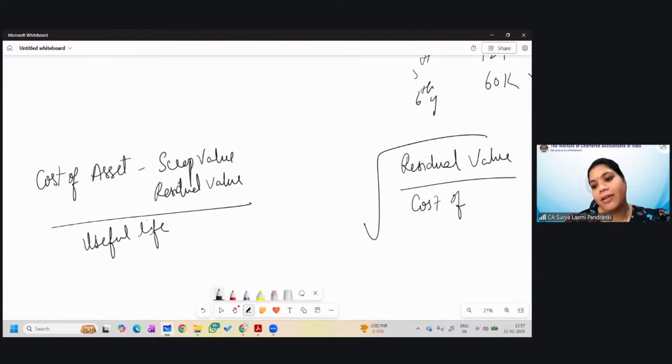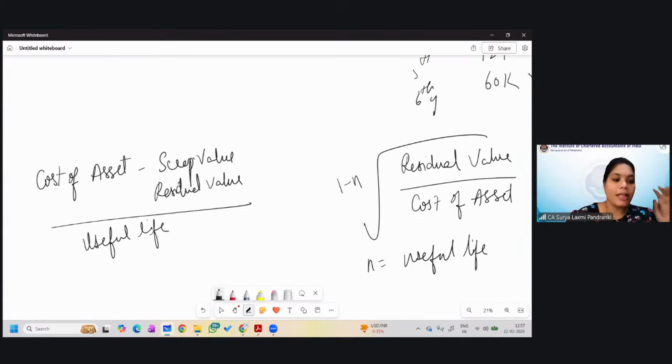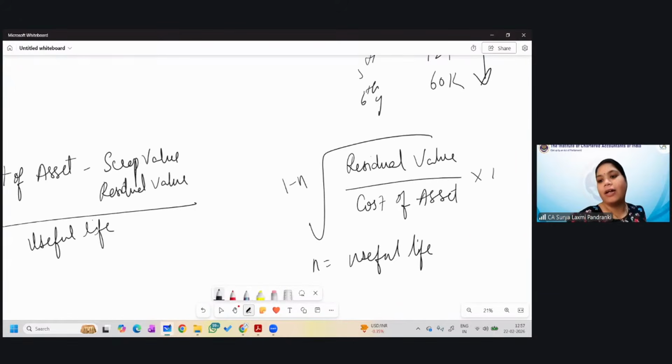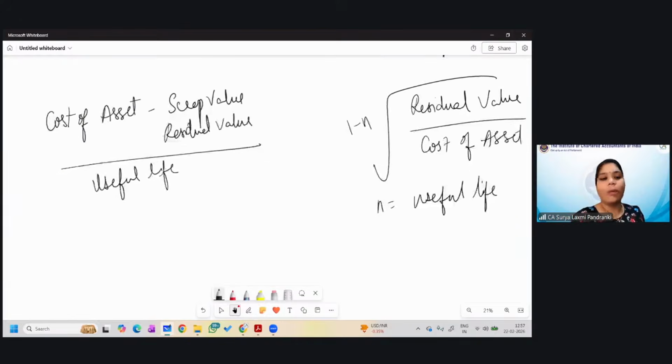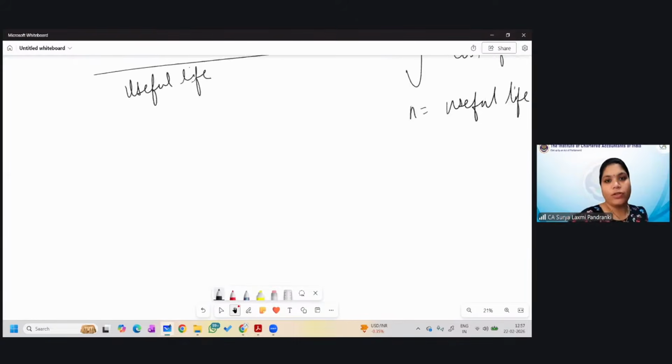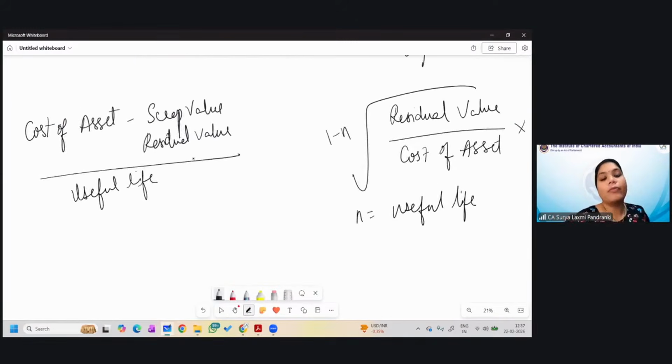Don't worry about that. Cost of the asset, this whole power has to be 1 minus n, and n is the useful life. That's why I told you not to worry about this formula. When you are doing the problem, it will be easy. This is the formula of how we calculate depreciation in two different methods.